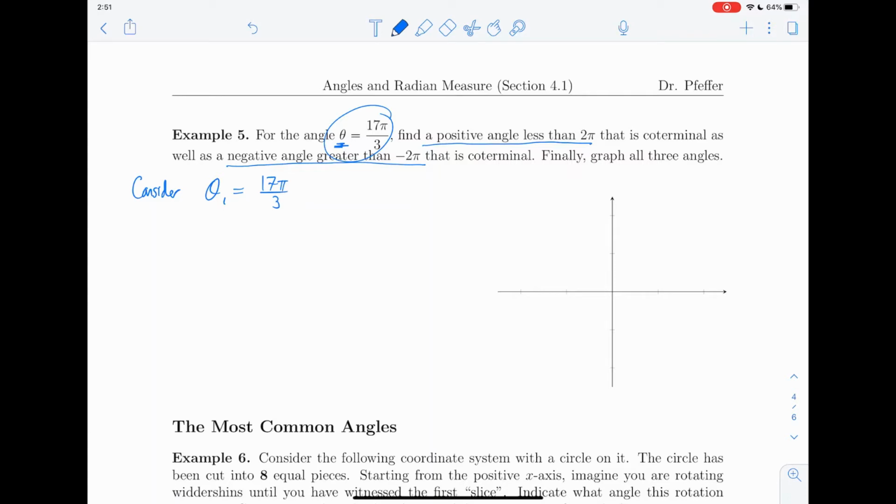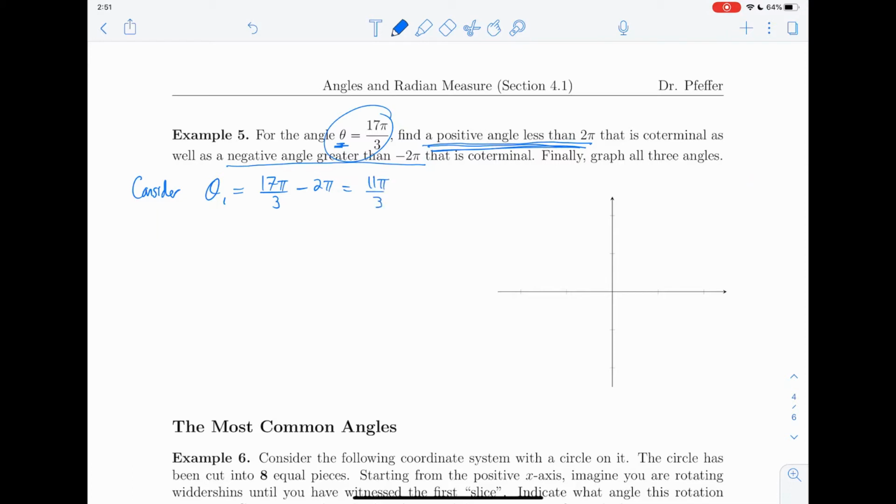But since this is a very large number, I'm going to go ahead and subtract off 2 pi. As soon as I do that, whatever this turns into will be coterminal by definition. And if it's positive, then I'll have satisfied my first answer. When I simplify these two fractions, I end up with 17 minus 6, which is 11 pi over 3.